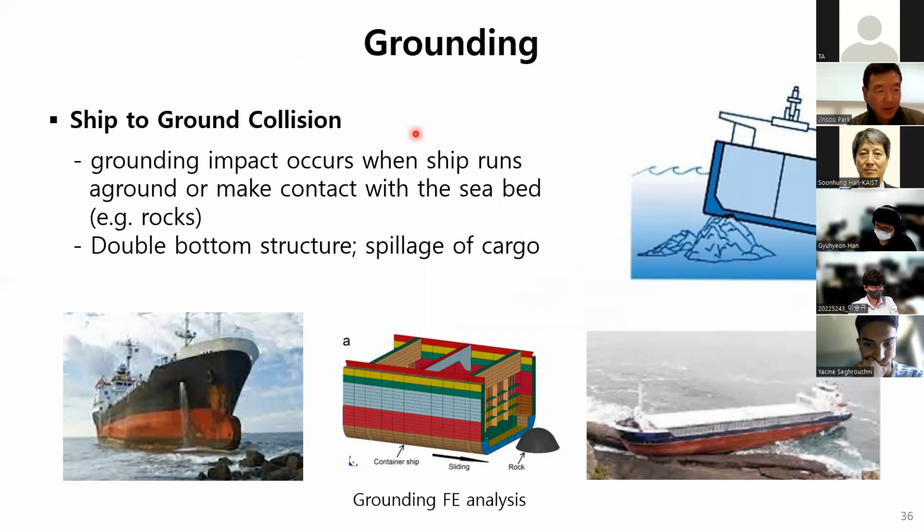Another type of accidental impact loading is grounding. Grounding impact rarely happens accidentally when the ship runs aground or makes contact with the ocean bed, such as rocks. The main point is to properly design the double bottom structure for liquid cargo oil, so liquid cargo does not spill out of the cargo hold.